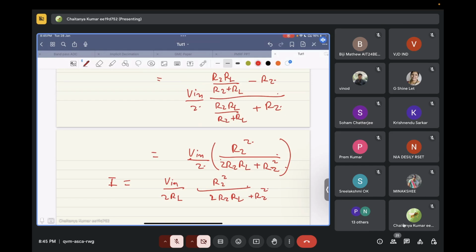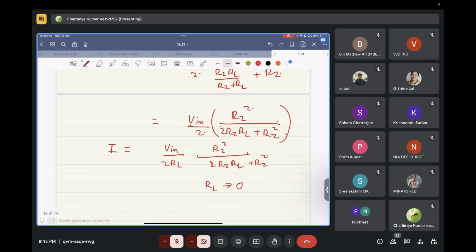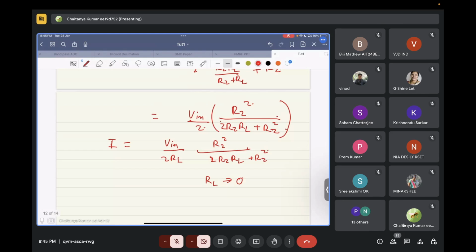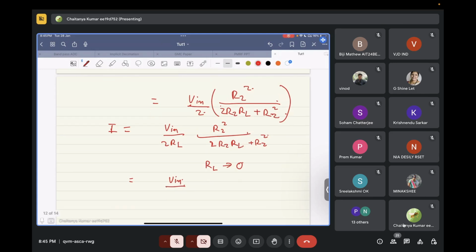Okay. Now, if RL is tending to almost zero, so RL is much smaller than R2. In that case, the load current will be V in by 2 RL times R2 squared by R2 squared.